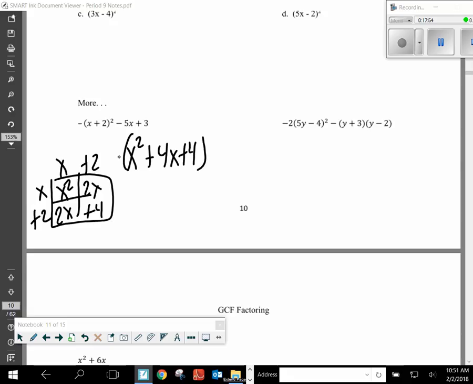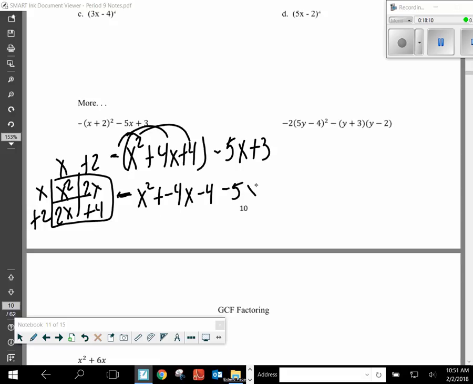All of that is in parentheses, a negative in front, minus 5x plus 3. I'm going to distribute that negative, which just makes everything negative because it all was positive. I knew that plus there, I just happened to write it by mistake. And now I'm going to combine like terms. So negative x squared minus 9x minus 1, and I'm done.